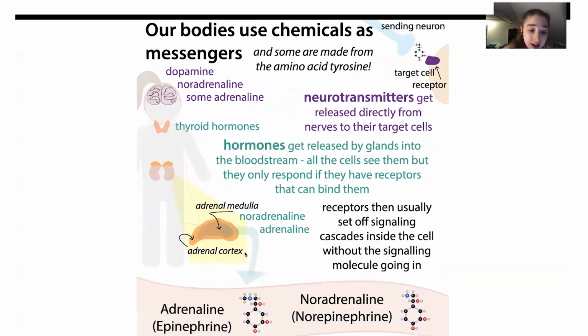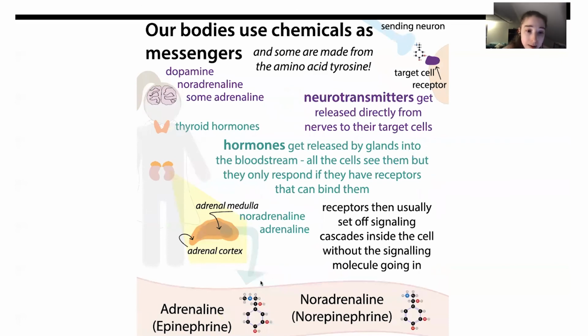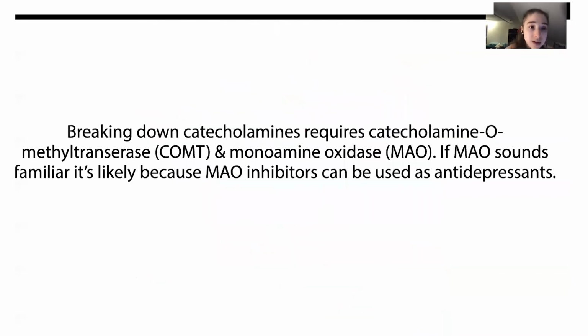And in this case, what we're methylating is this amine group. And so now we have adrenaline. And this can be made in your adrenal medulla and a few of those cells in your brainstem, and be really important for sending messages. And it's also important that you're able to degrade those messages.